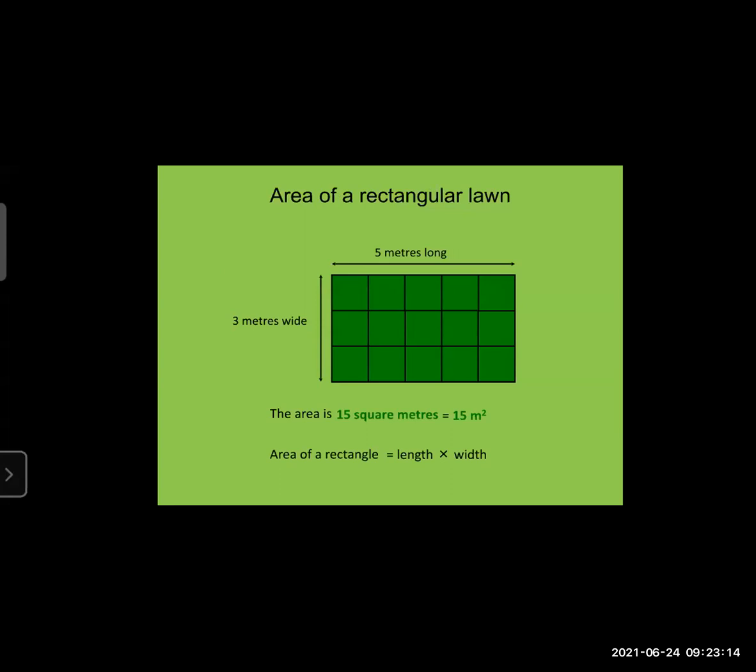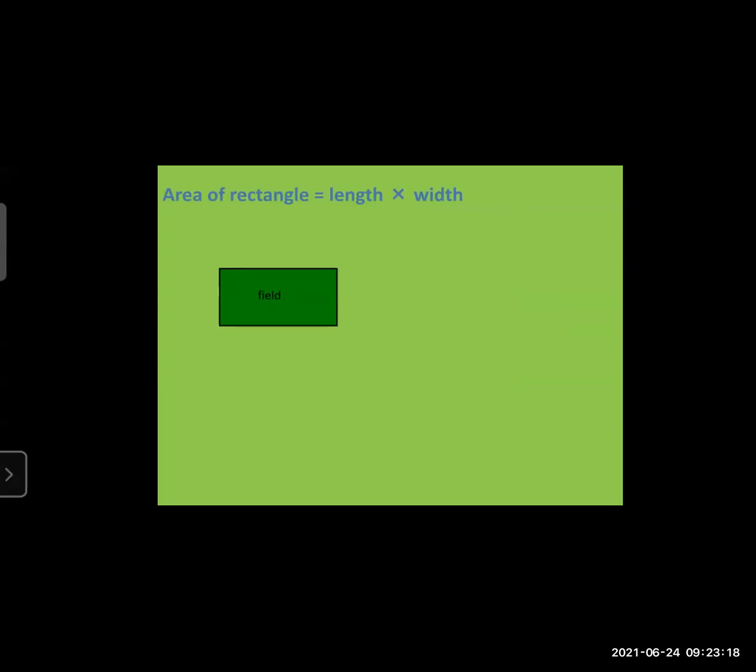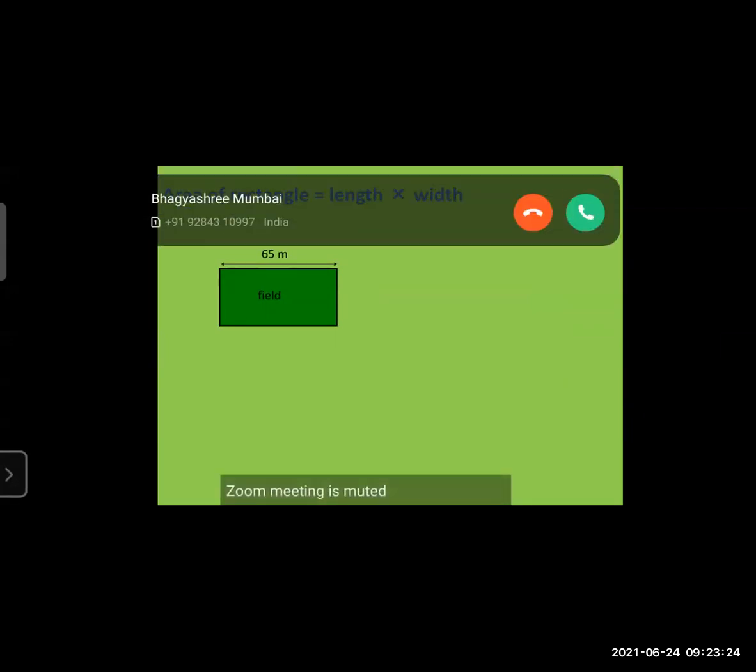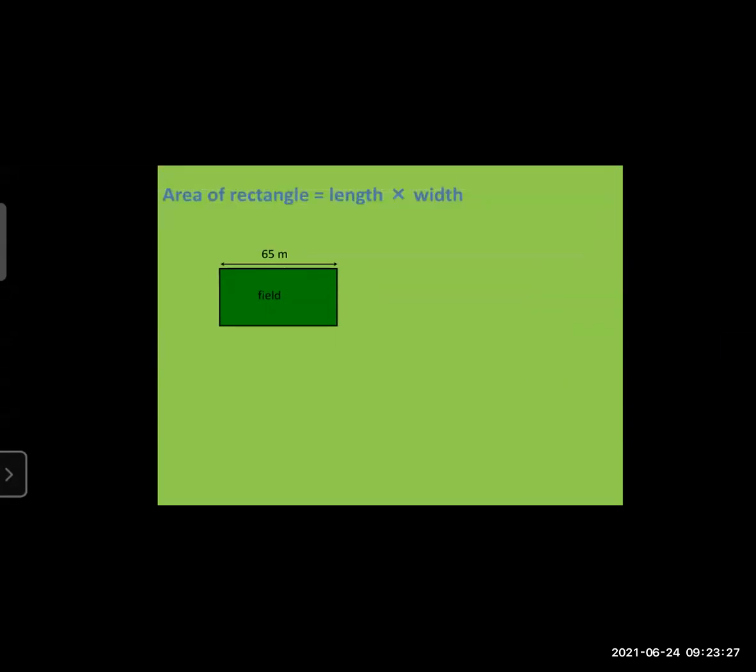So in this way, we find the area of any rectangular box: length into width. See the field: length 65 meter and width is 32 meter. Then area of the field is equal to 65 into 32. Multiply it, you get 2080 meters square.